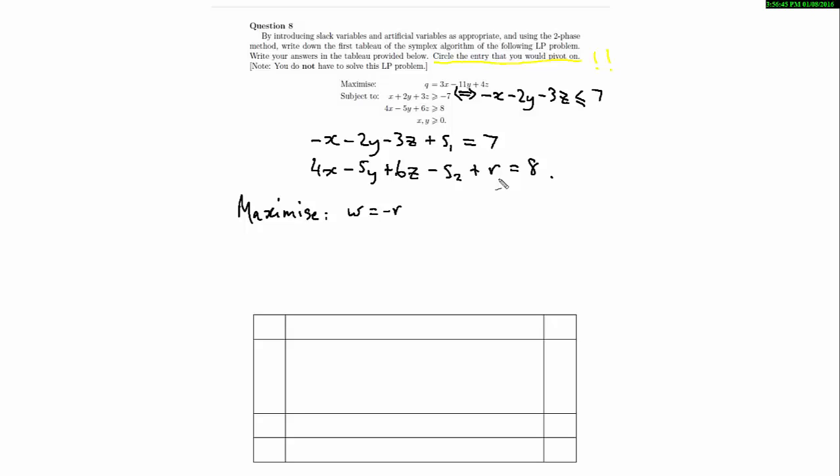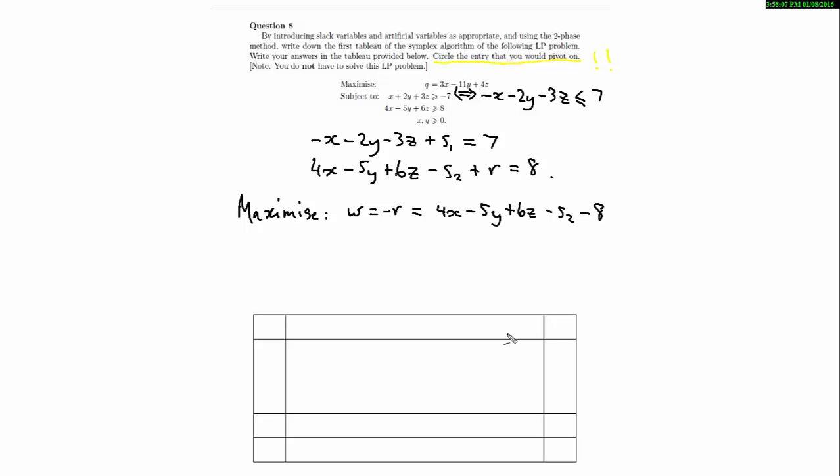And then we continue with our second phase, which is our maximization problem up the top there. Okay, so in this case, minus r is equal to 4x minus 5y plus 6z minus s2 minus 8. Okay, so we've got our maximization problem now, using these constraints up here.